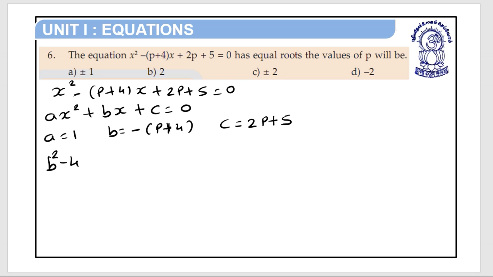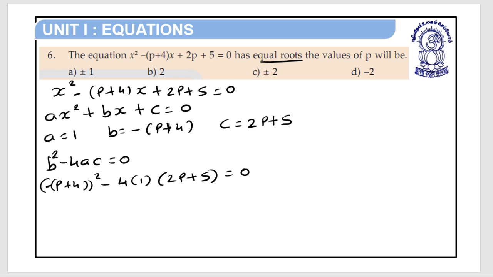So b square minus 4ac is equal to 0 because of equal roots.